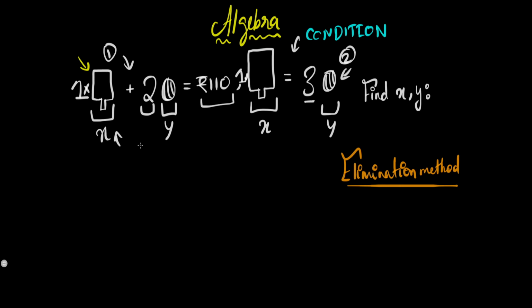Now there are coefficients also in these two equations. The coefficient of the ball in equation 1 is 2. The coefficient of the bat in the two equations is 1. And then there's a constant term, 110, here. That's a constant term because it has no variables. The value won't change, because it's 110 and it's always constant.